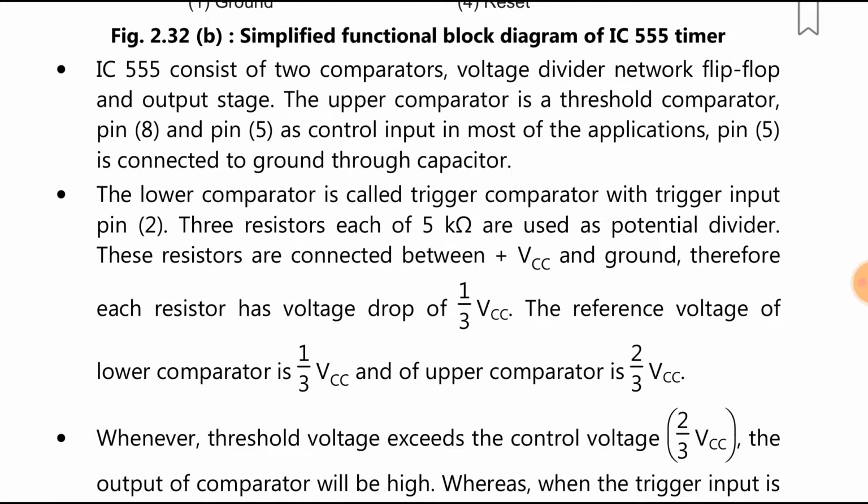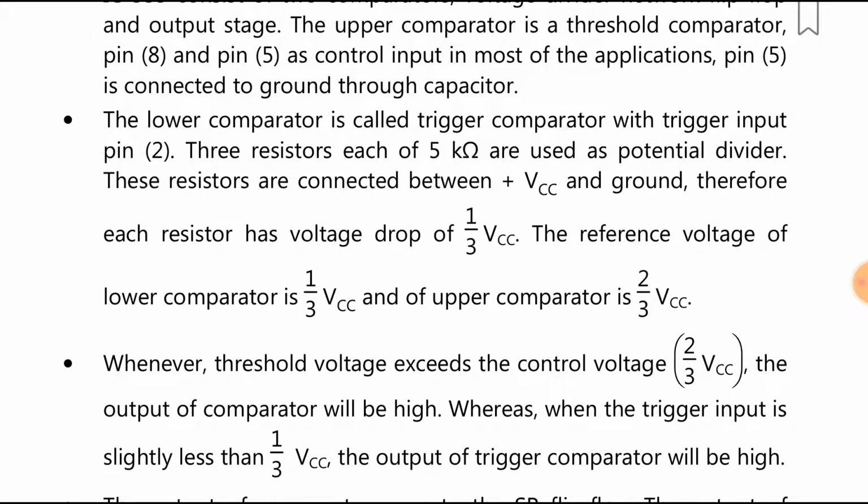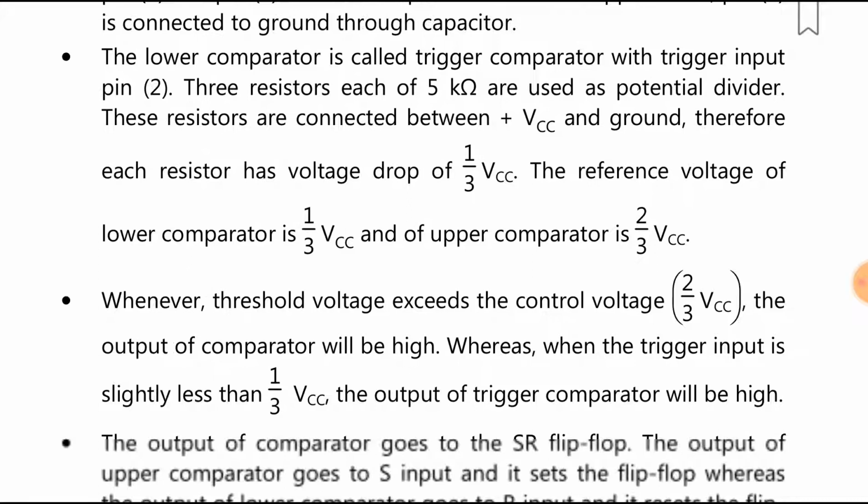These resistors are connected between plus VCC and ground. Therefore, each resistor has voltage drop 1/3 VCC. So the reference voltage of lower comparator is 1/3 VCC and upper comparator is 2/3 VCC.